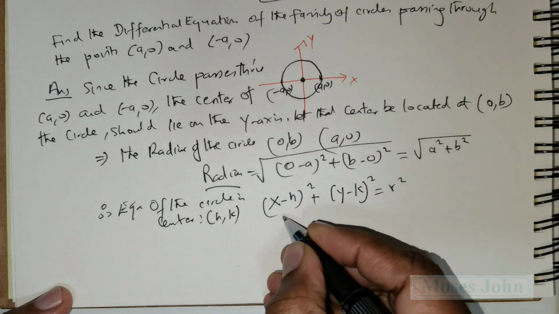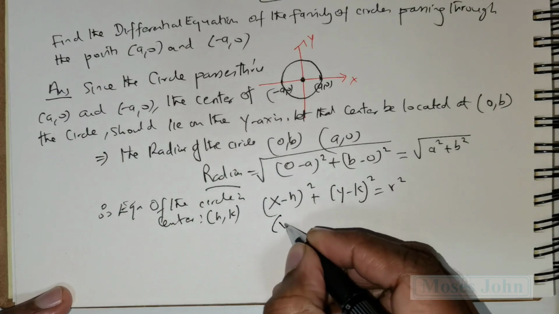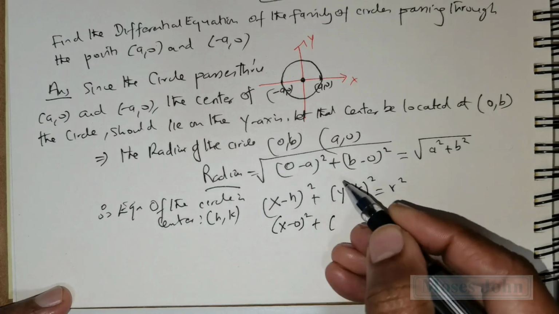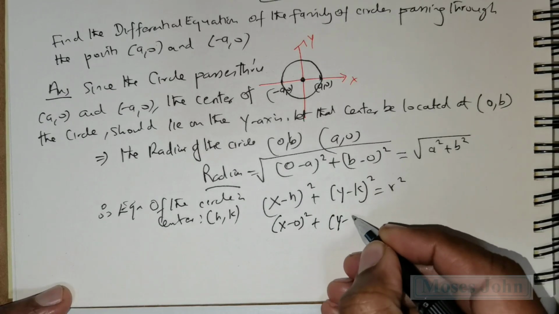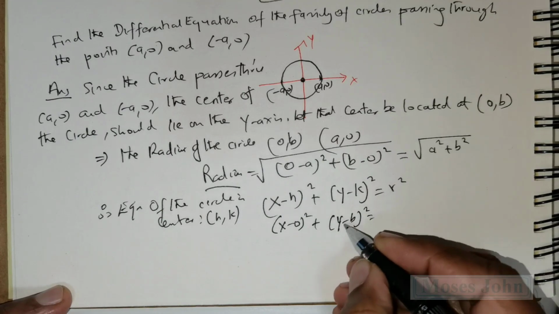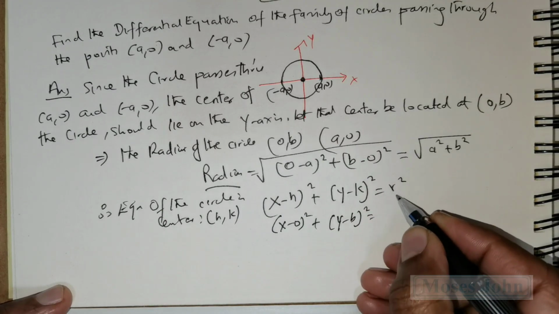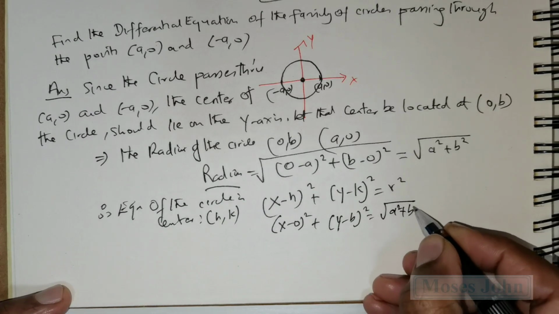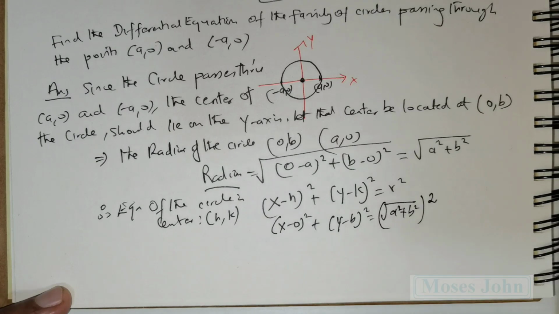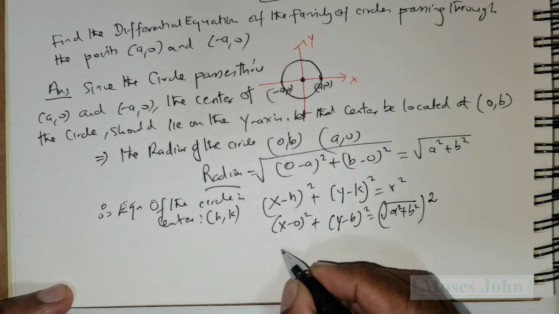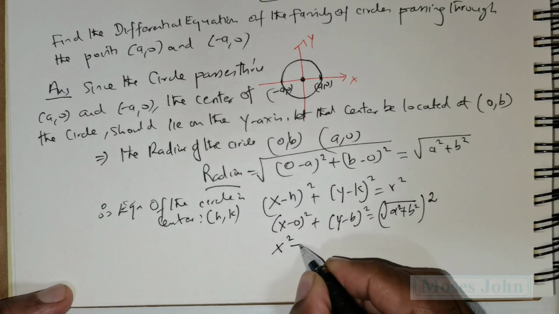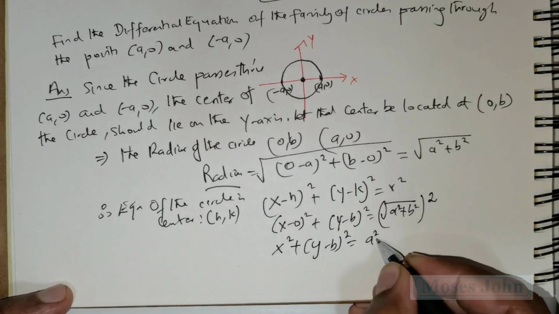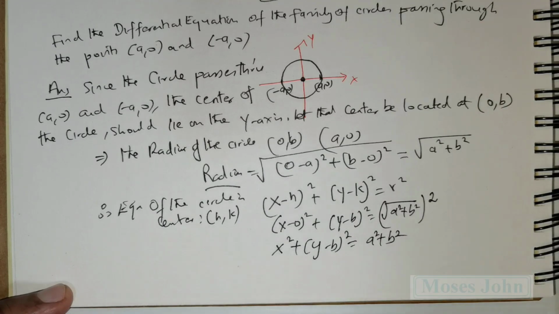So x - h is x - 0 squared plus (y - k) squared, and my k is b, so that has to be raised to the power 2. My r is root of a squared plus b squared, and you have to square that. So using the equation of the circle, this can be rewritten as x squared plus (y - b) squared is equal to a squared plus b squared.